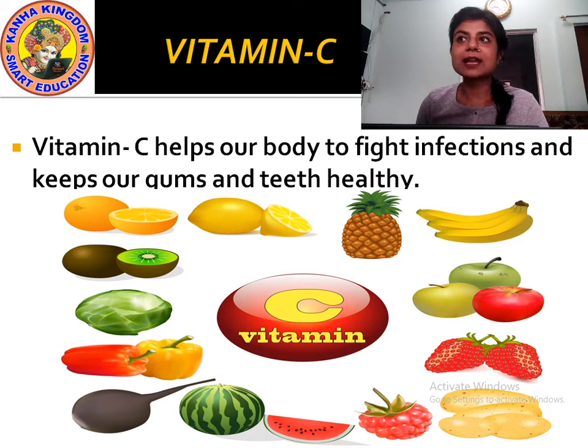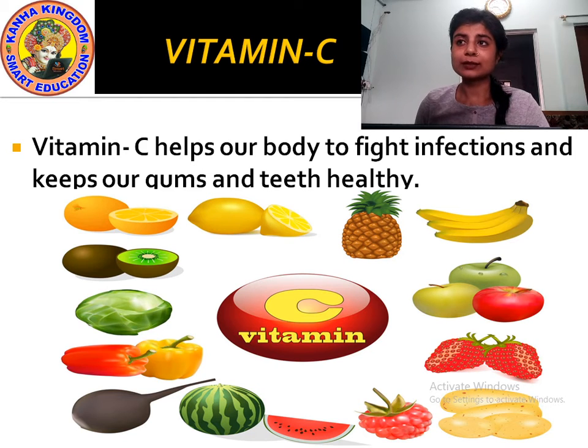This vitamin C helps our body to fight infections. If there is some infection in our body, if you eat food rich in vitamin C, it will help you to fight those infections. And it also keeps your teeth and gums healthy. If you eat food rich in vitamin C, your teeth and gums will be healthy.